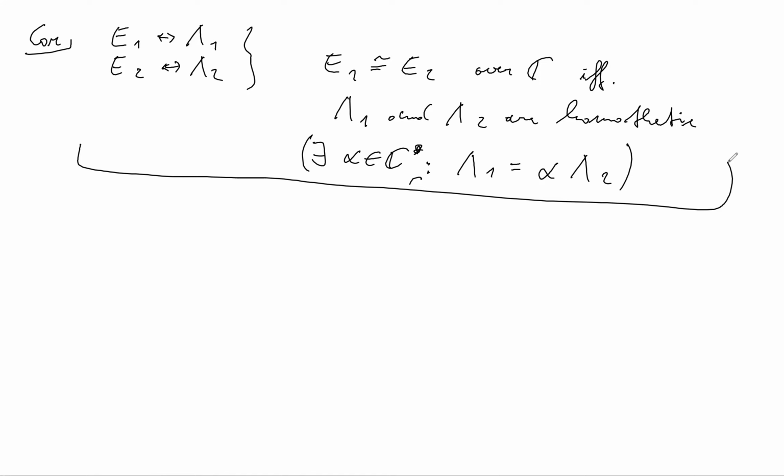We won't really talk about elliptic curves, but rather about the lattices. So it's good to know when two lattices define the same elliptic curve up to isomorphism, and that's namely when they're homothetic. But that will be maybe next lecture or the lecture after, depending on how fast we can go through this.